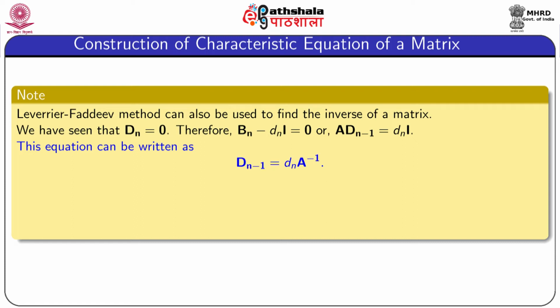This equation can be written as D(n-1) equals small dn into A inverse, or we can write A inverse equals D(n-1) by small dn. So, using this formula we can compute the inverse of the matrix A.